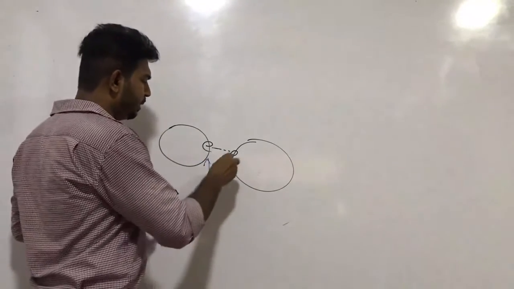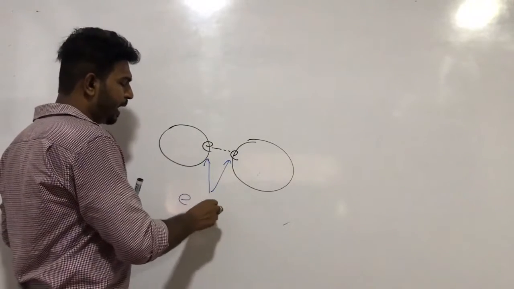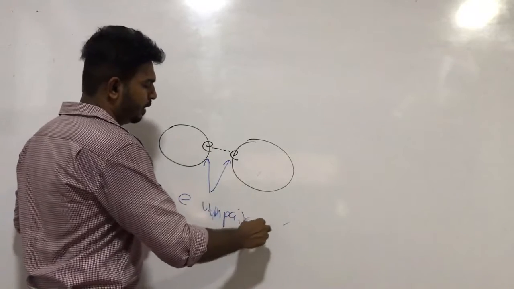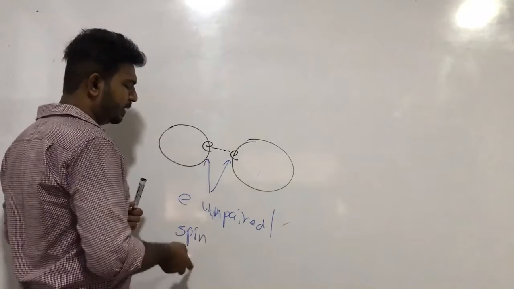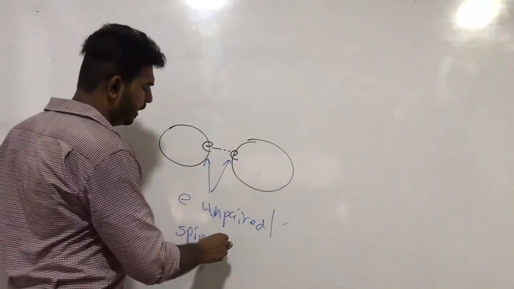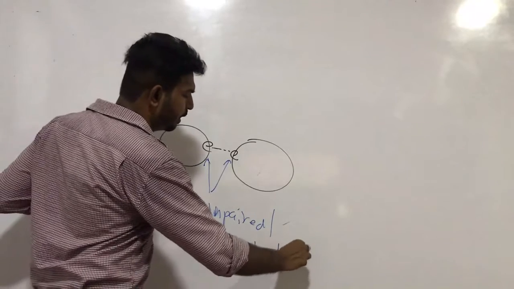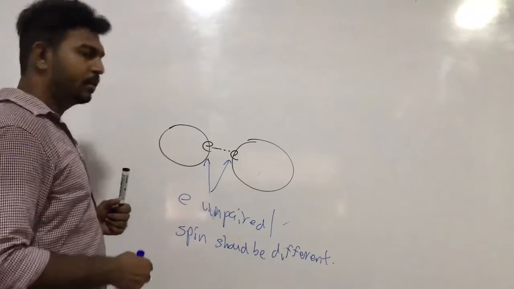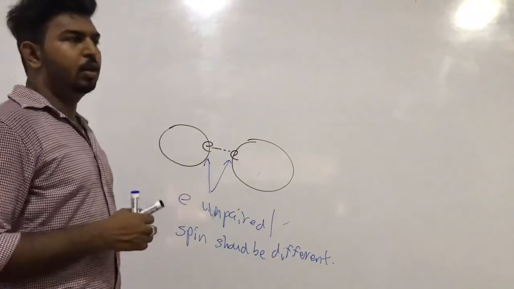For the attraction, electrons should be unpaired and the spin should be different, so that they can form a covalent bond.